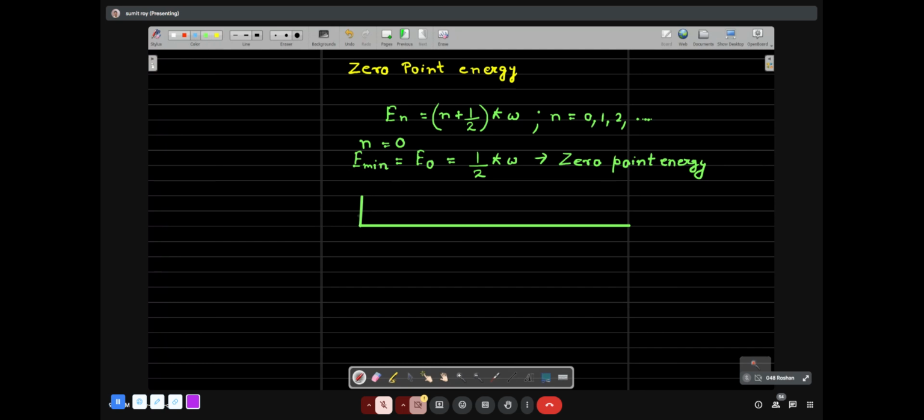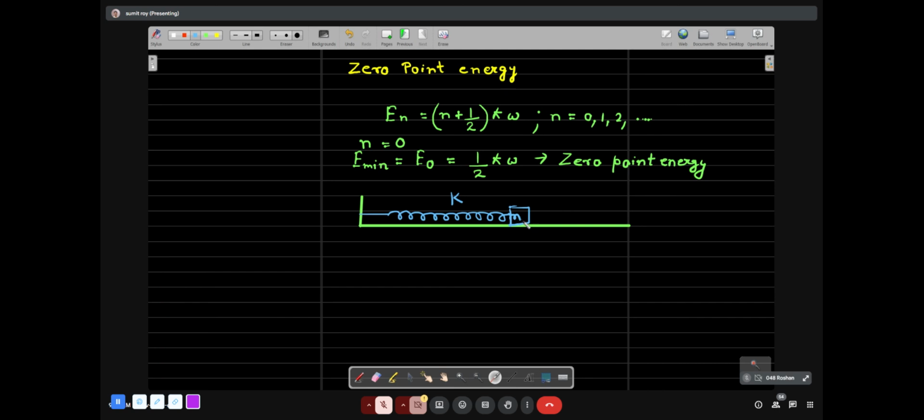The easiest example that we have is the spring mass system, a spring with spring constant k and mass m. If the object is displaced from the mean position and released, then it will execute simple harmonic motion.